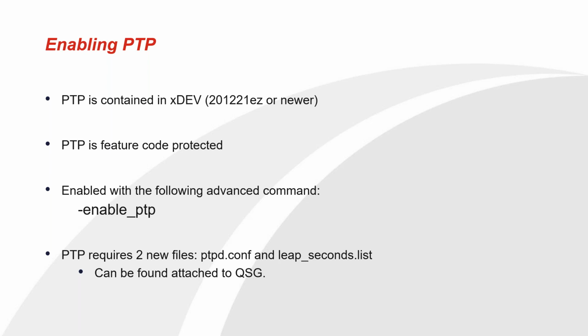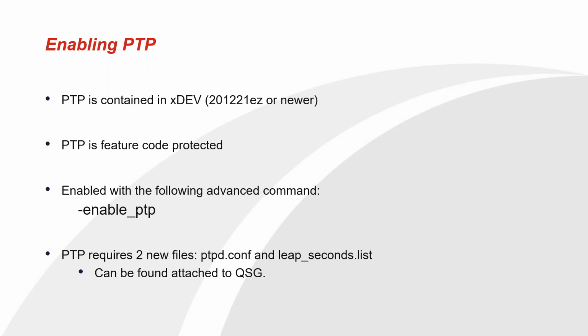And then all times that you use PTP, you'll need to make sure that the advanced command _PTP is contained in the mobile.cfg file, so in the configuration of the device. And there's also 2 additional files which need to be on the unit for PTP to work.